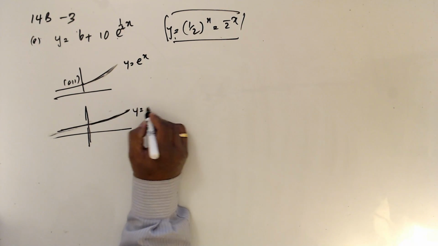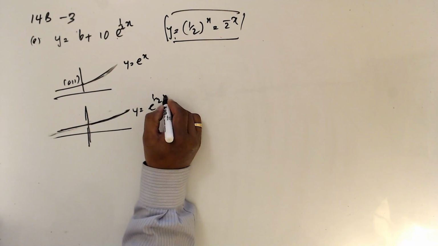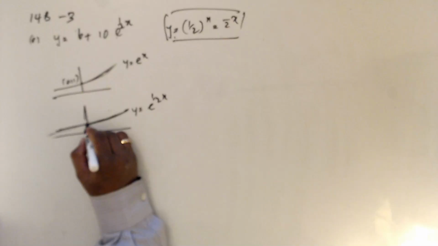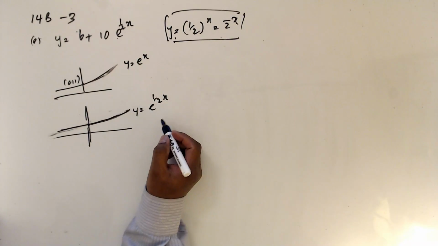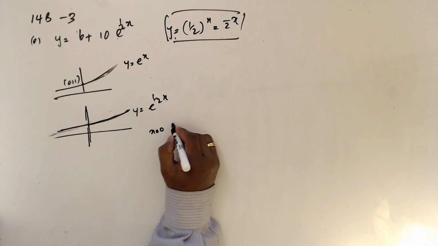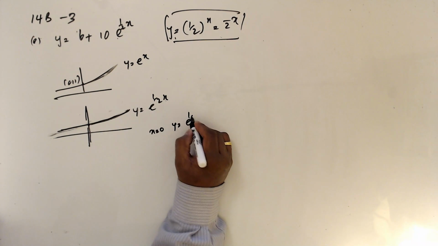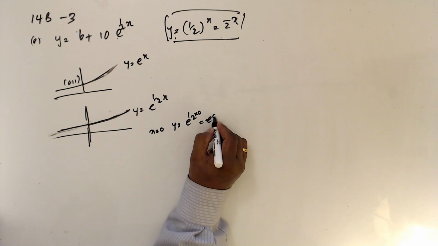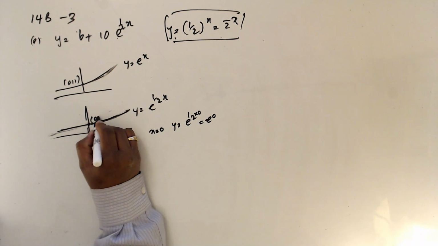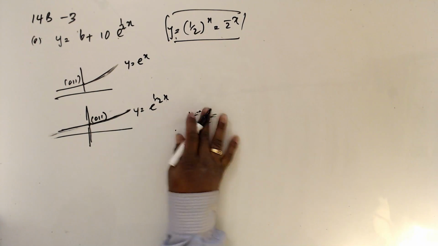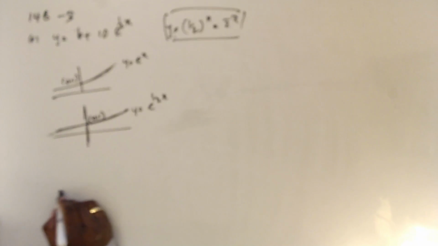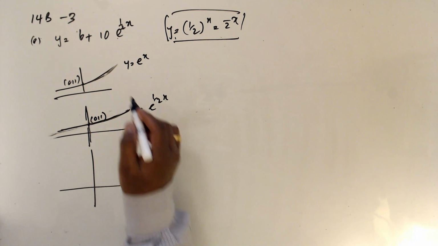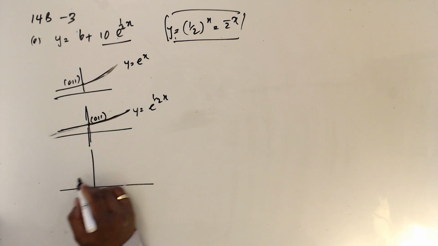So y equals e to the half x, and when x equals 0, y equals e to the half times 0, e to the 0. This is also going to 0, 1. Now the next one, 10 e to the half x.